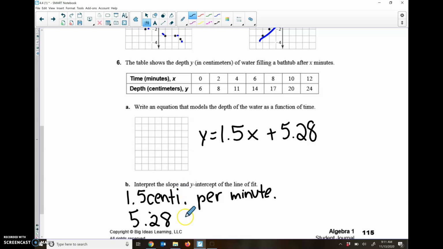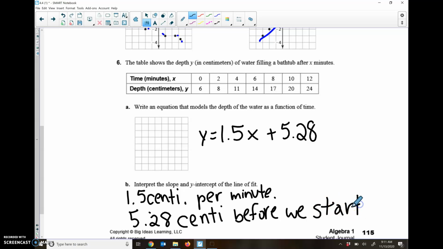And there was 5.28 centimeters of water when we started the bathtub. Okay, so it's kind of the same thing as our slope and y-intercept. The slope is the thing that happens every minute, every hour, every whatever we're talking about, and then our y-intercept is our starting point.